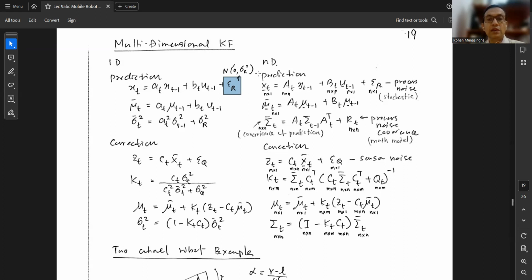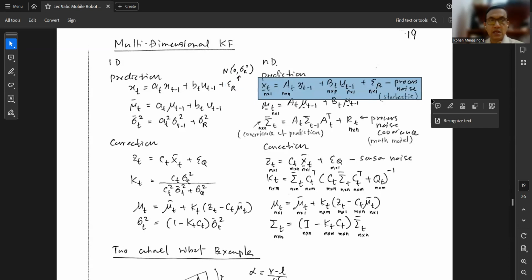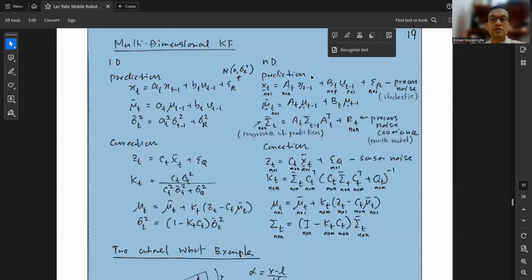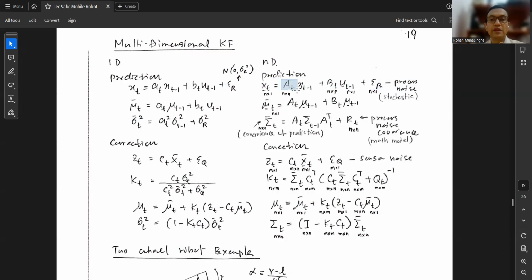So similarly, in the n-dimensional case, we have this equation. Very similar. The only difference is that now instead of scalars, we have vectors. Sorry, matrices. You can see the state transition matrix here, A_t, x_t minus 1, the homogeneous part of the vehicle dynamics.